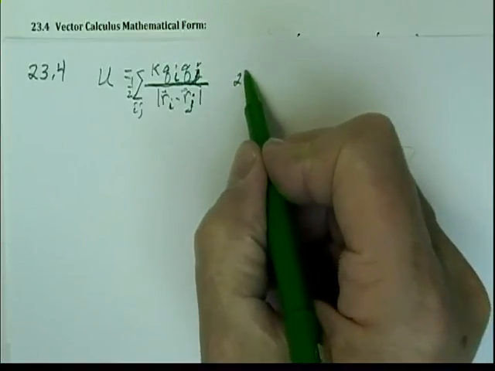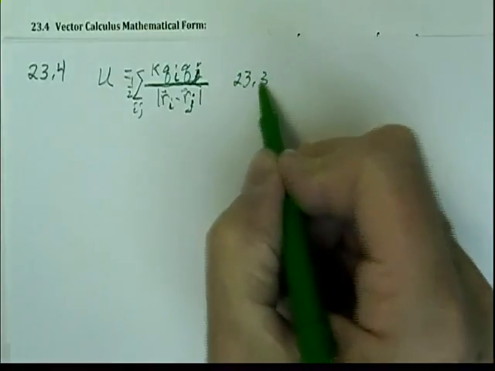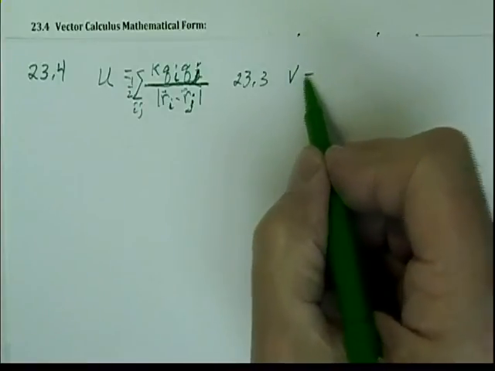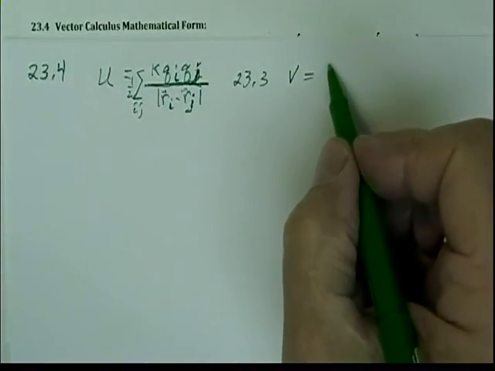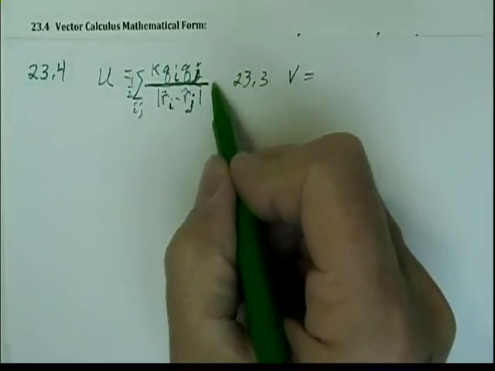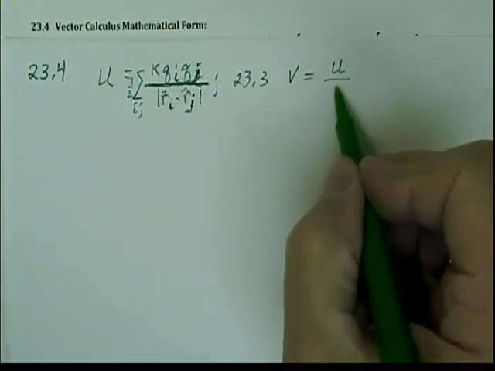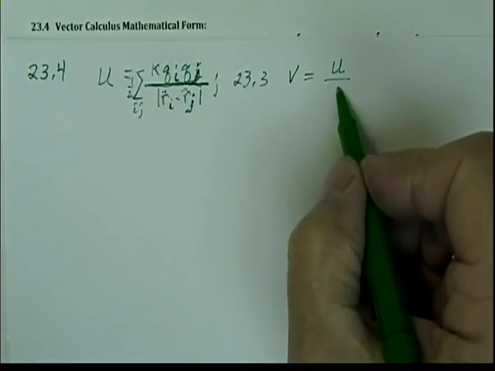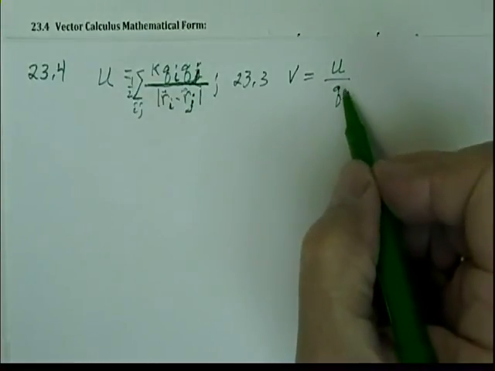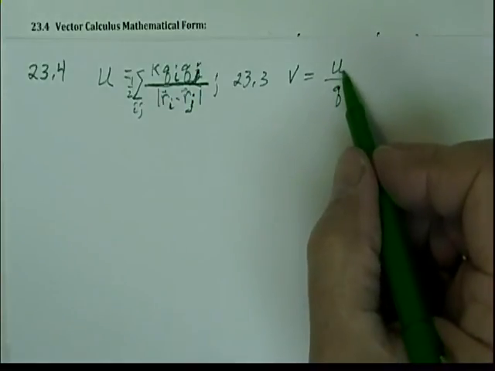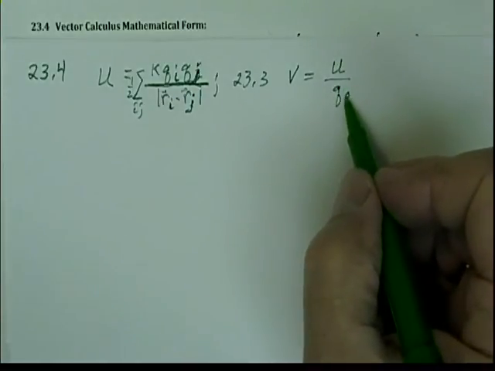Then we also discussed in section 23.3 the electric potential. And the electric potential, V, which is measured in volts, whereas this is measured, you recall, in joules, is the potential energy divided by a charge Q naught, that is, how much energy is given when this charge Q naught is brought into the system.